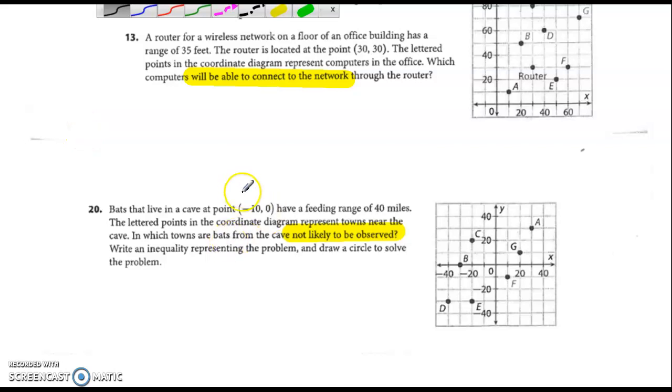We have our center at (-10, 0), and we have a radius of 40 miles. Each of these is 10 miles. So let's plot our center point, (-10, 0). That's right there. And then the radius is 40. So 1, 2, 3. There we go.